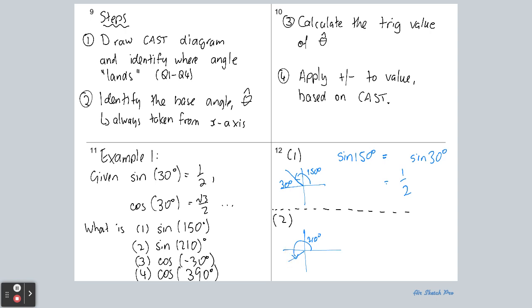So the reference angle is 30 degrees as well, right? Because it's going to be 180 plus what will get me to 210, 30 degrees.